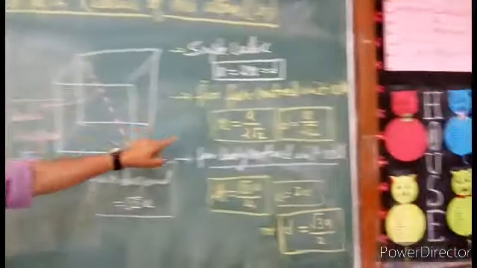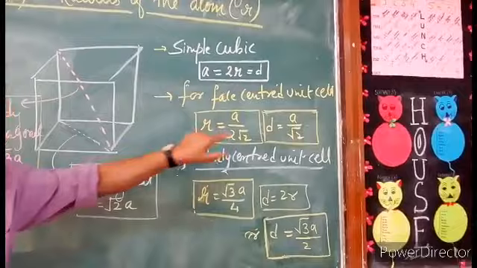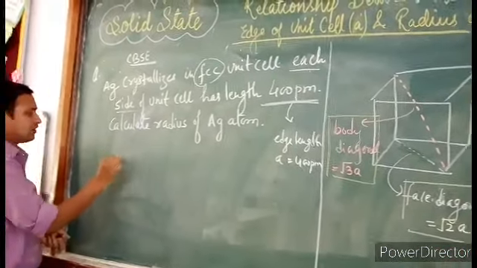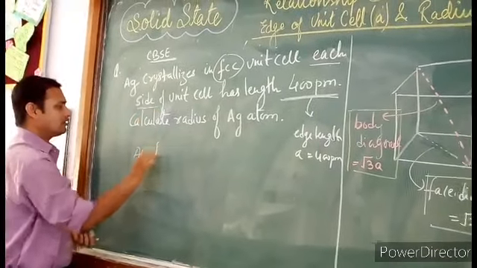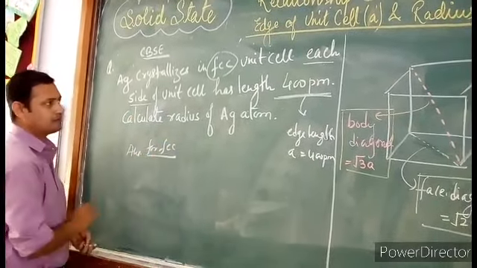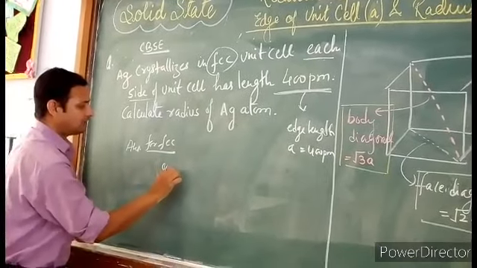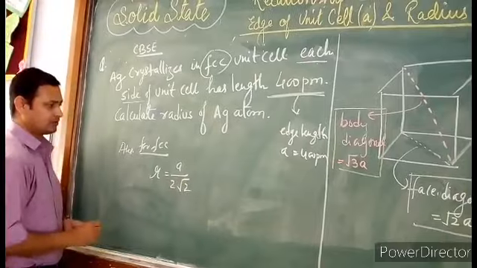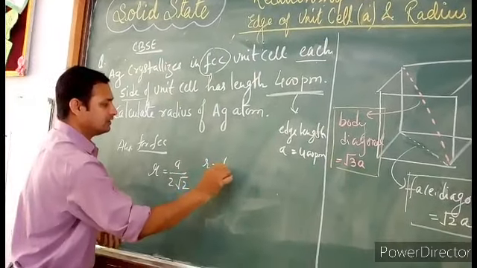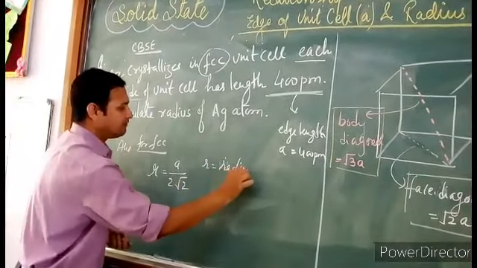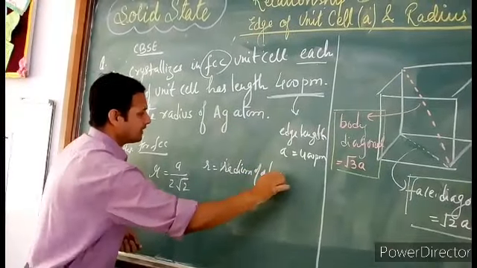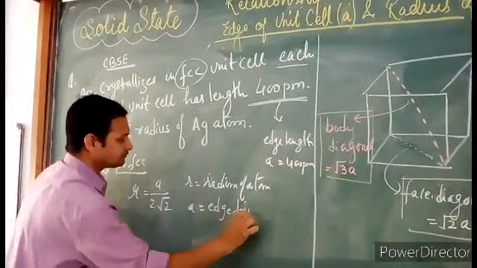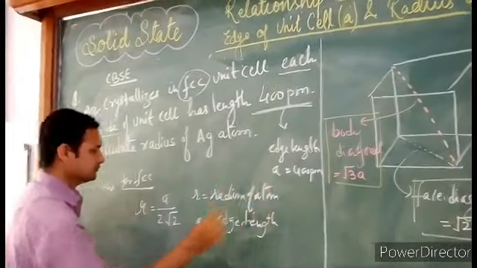What is the formula? r is equal to a by root 2. This is the formula. So how will we solve this? For FCC, r is equal to a by 2 root 2, where r is what? It is the radius of the atom. And what is a? a is the edge length. Yes.